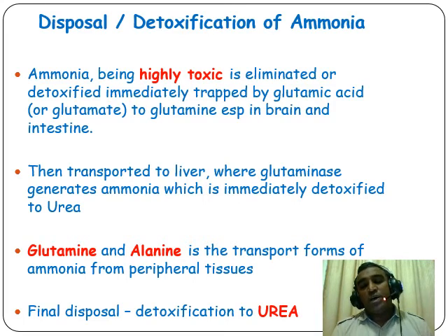Other tissues such as brain, intestine and muscle also need to utilize free amino acids. However, the free ammonium ion that is released will be brought to the liver by the transport forms of ammonia, glutamine and alanine, to be detoxified.